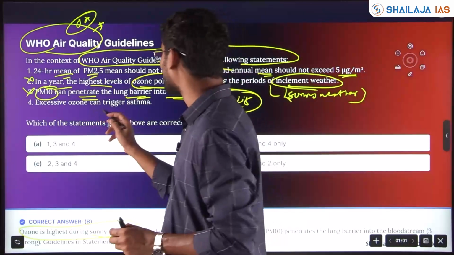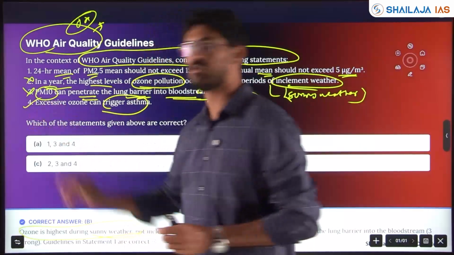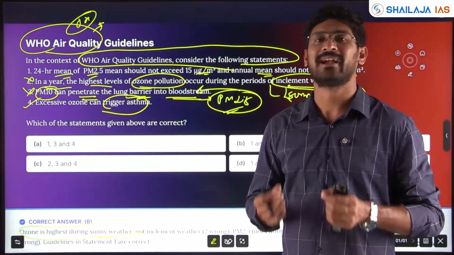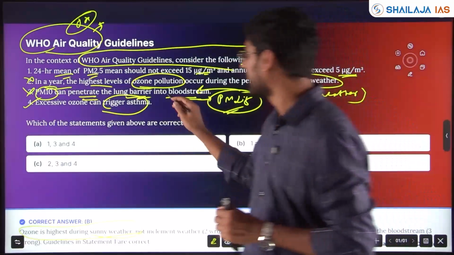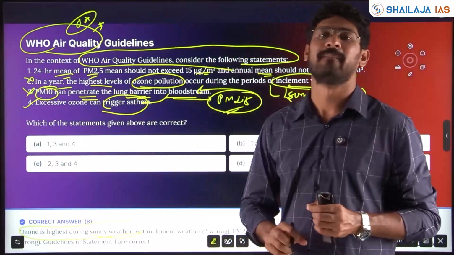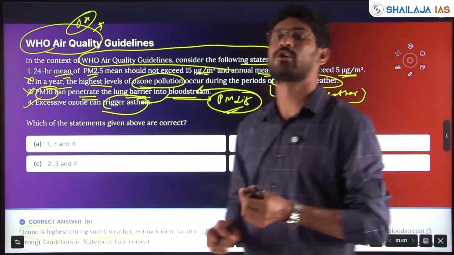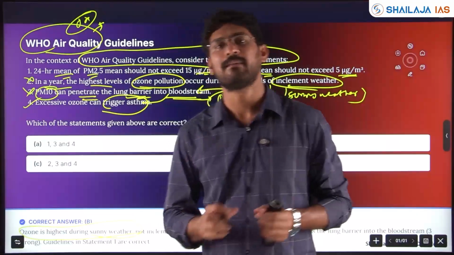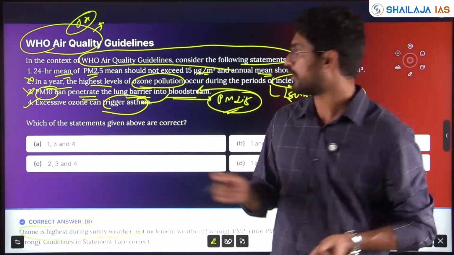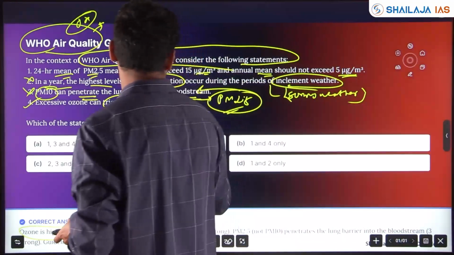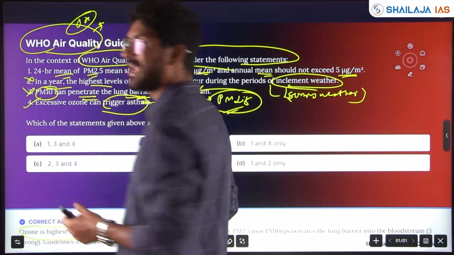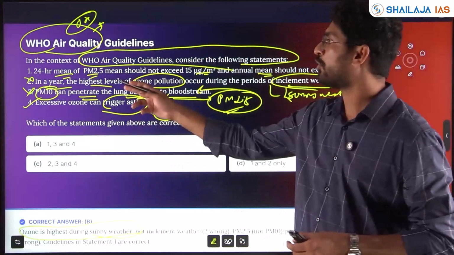Excessive ozone can trigger asthma. Yes, ozone is also an irritant and a health threat. So it can trigger asthma. Okay, ozone can become smog also. Ozone can become smog with, what do you have? Dew. Dew plus ozone, photochemical smog can happen. So here 2 and 3 are wrong.